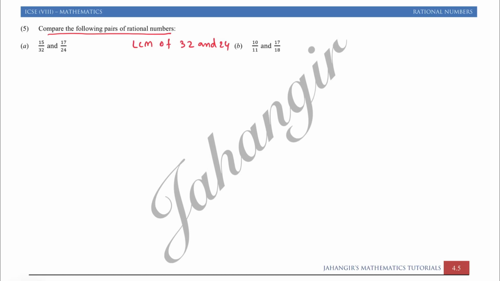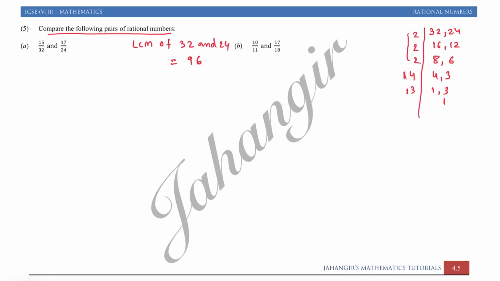Dividing by 2: 16 and 12, 8 and 6, 4 and 3. Then 4 times 3 is 12, and 2 times 2 is 4, 4 times 2 is 8, 8 times 3 is 24, 24 into 4 is 96. So the LCM is 96.